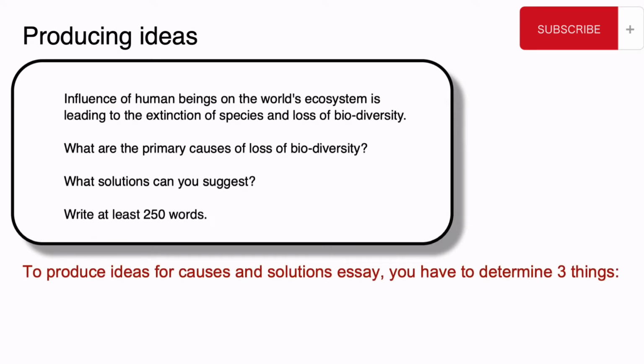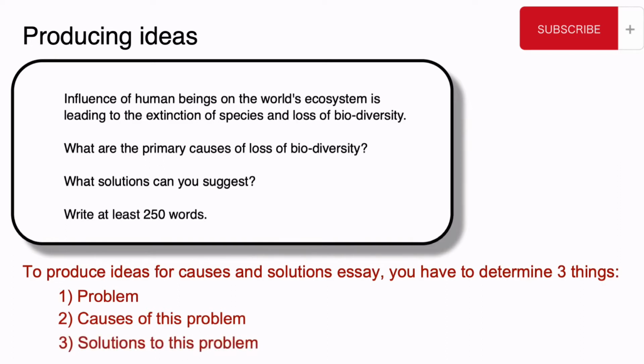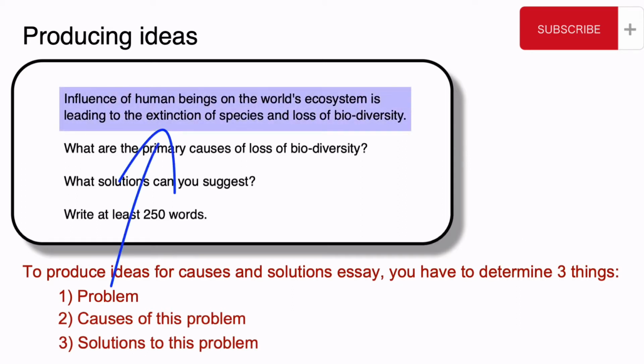To produce ideas for causes and solutions essay, you have to determine 3 things. First is a problem. Second are causes of this problem. And third are solutions to this problem. The problem is already given in your question card. It's loss of biodiversity. Or in other words, some animals and plants are dying out.